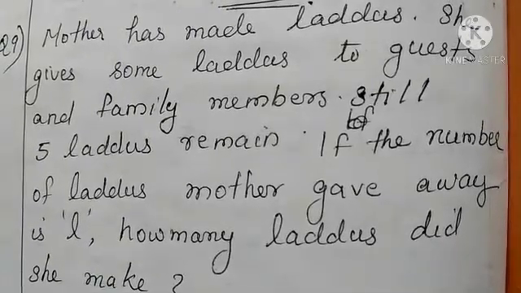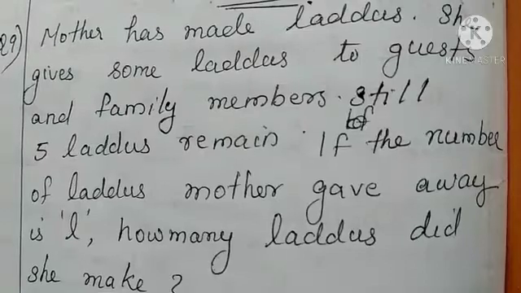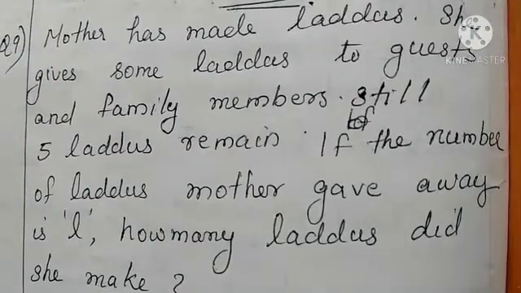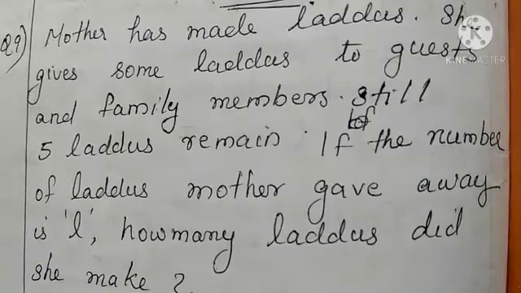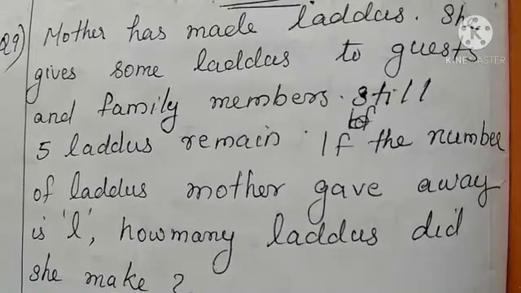Next question. Mother has made laddus. She gives some laddus to guests and family members. We don't know how many laddus she has given, but she has given some laddus to guests and family members. Still 5 laddus remain.